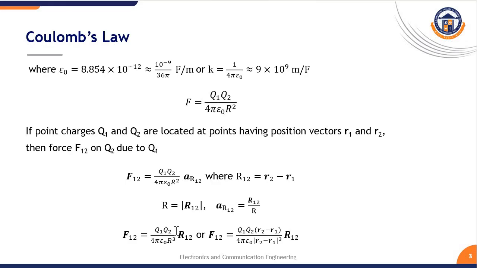So F12 equals Q1 Q2 divided by 4 pi epsilon naught into r cubed into the r12 vector, or F12 equals Q1 into Q2 into r2 minus r1 divided by 4 pi epsilon naught into modulus of r2 minus r1 whole cube, where r12 is the unit vector.